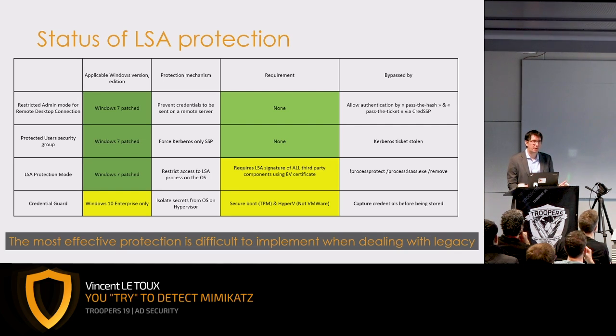If you have a password filter, you will break things because the vendors won't follow the process. And Credential Guard, which is the most effective way to block most of the mimikatz ways, requires Windows 10 Enterprise. So if you have only the Professional version, not the Enterprise, you know you are vulnerable. So it's sad.